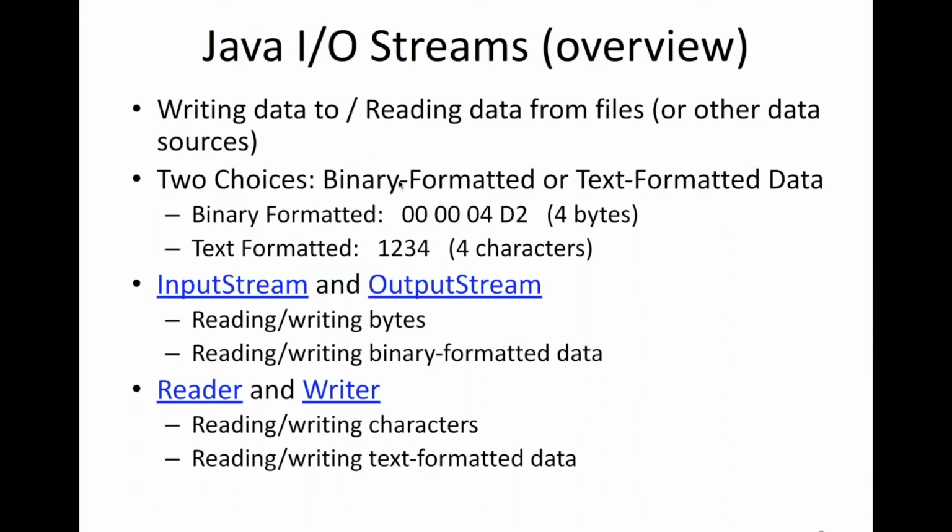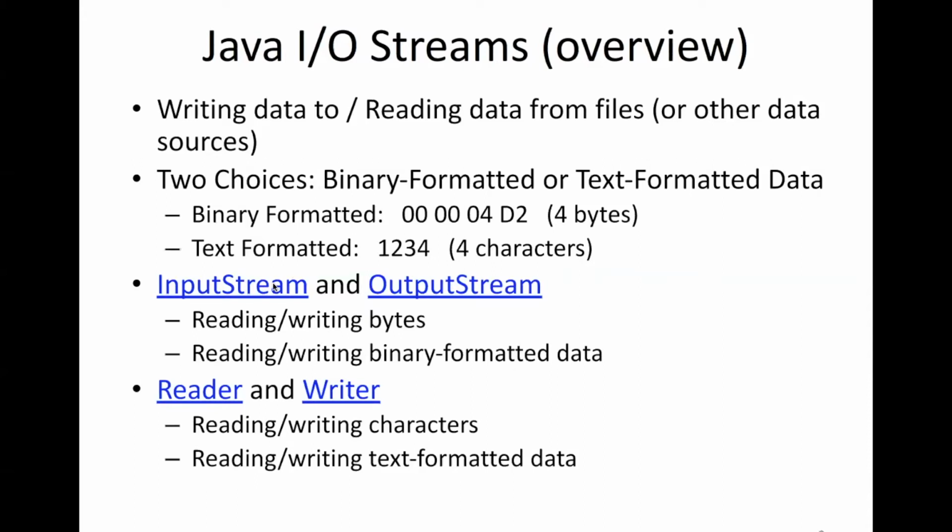You really have two choices with streams. You're either going to be reading binary formatted data, or text data. If you're reading binary data, you want to use the InputStream class for reading, or the OutputStream class for writing, or one of its subclasses. These are stream classes for reading and writing bytes, or in other words, binary formatted data.